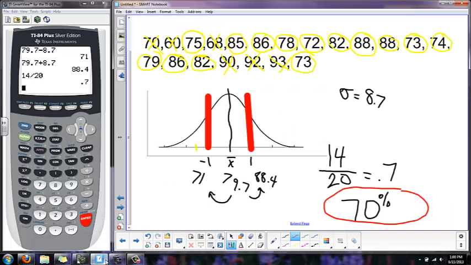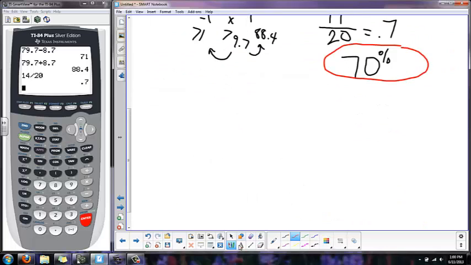So with this question, it's saying, do the results of the exam approximate a normal distribution? And this is what you need to write for your answer. Okay.